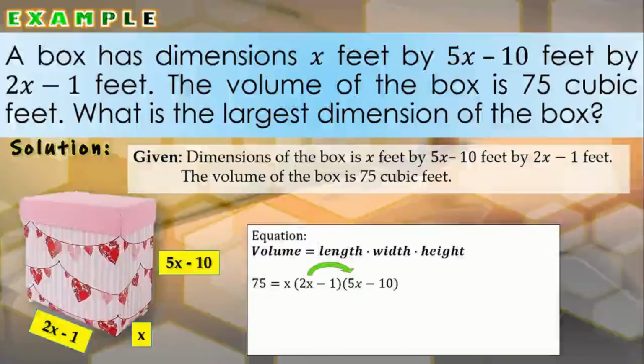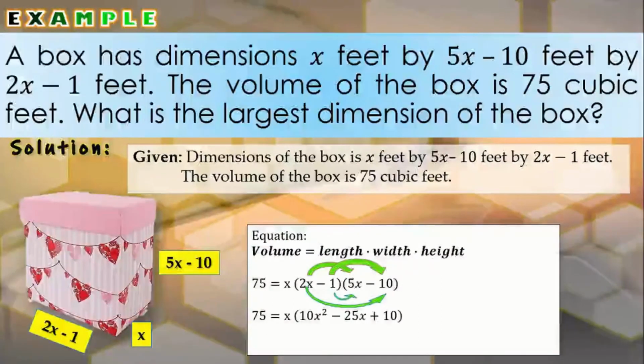So, by FOIL method, first to first, outer to outer, inner to inner, and last to last. So, meaning, 75 is equal to x times 10x squared minus 25x plus 10. And if we will multiply, then that will become 75 is equal to 10x cubed minus 25x squared plus 10x.